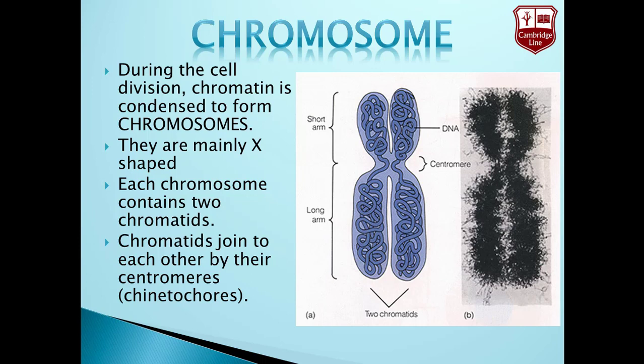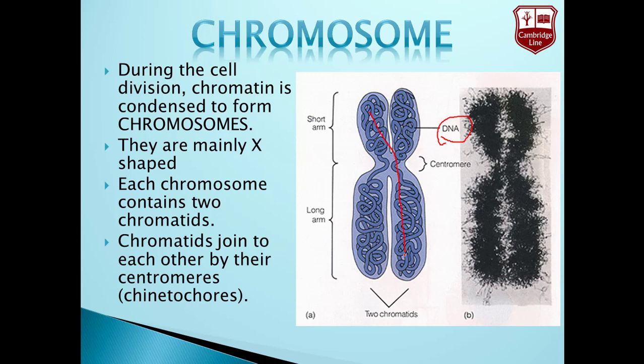Actually, it is the material which says about the organism. During cell division, chromatin is condensed into chromosomes and it is composed of DNA. And they are mainly X-shaped.